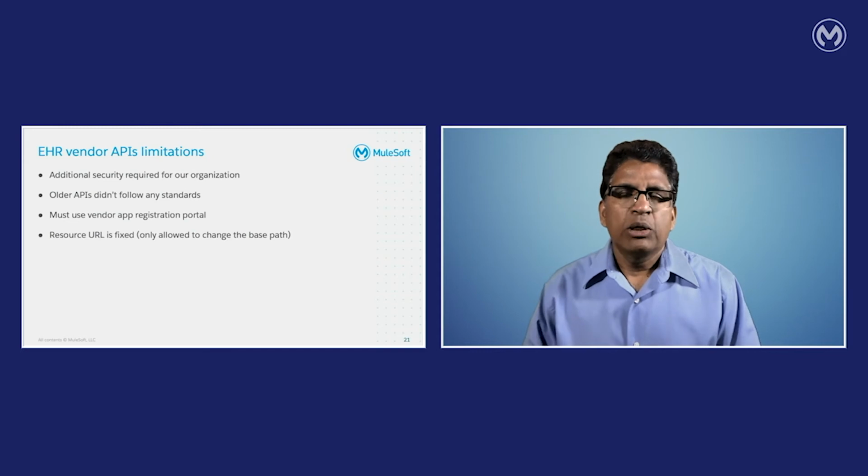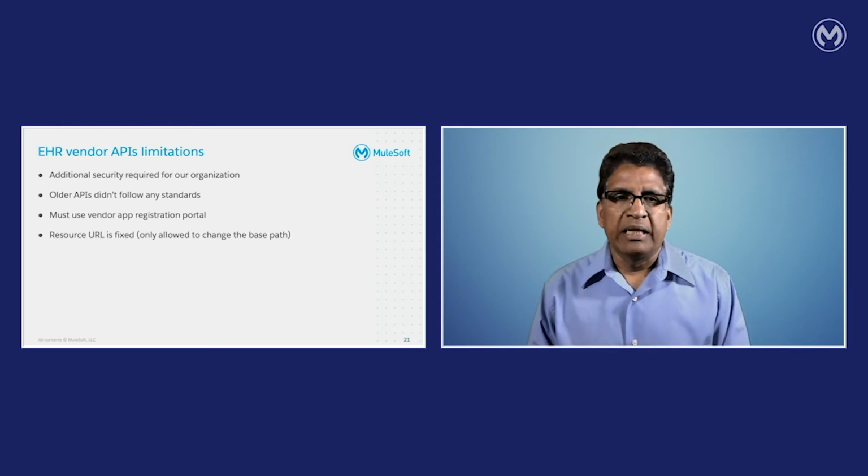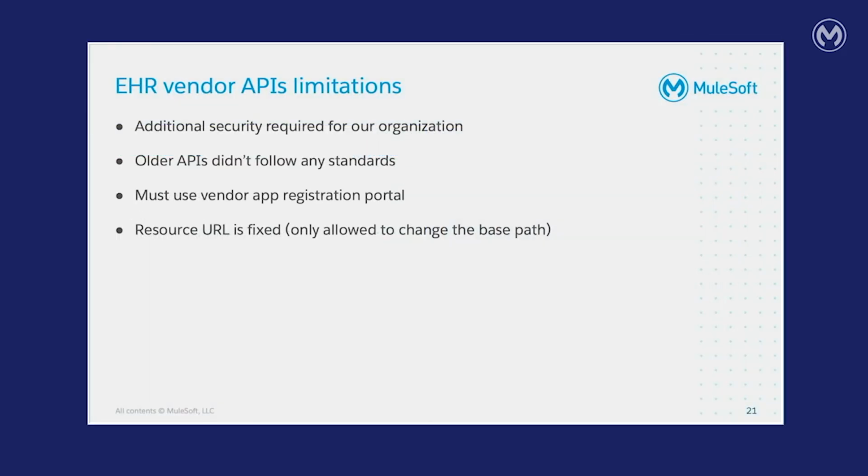So then the EHR vendors started developing these APIs, and when we started looking at those APIs, we came across some limitations. At UCSF, we use the EHR system to store patients from other affiliated hospitals, and we don't want to expose those patient data through the EHR APIs.